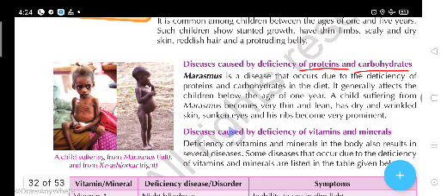It generally affects children below the age of 1 year, and a child suffering from marasmus becomes very thin and lean, and has dry and wrinkled skin and sunken eyes, and his ribs become very prominent. Students, the symptoms of the disease you can see in this picture.